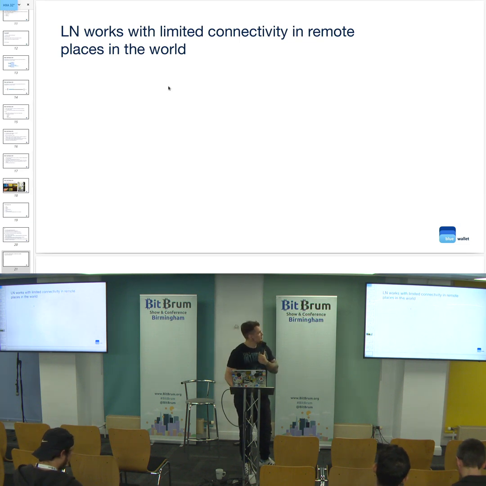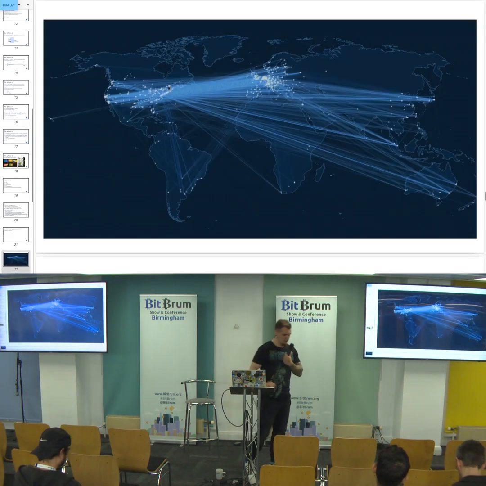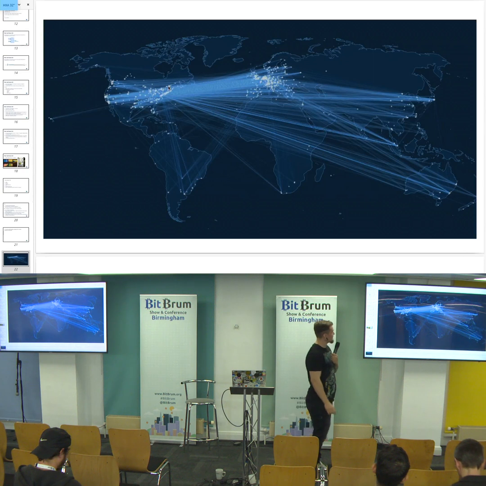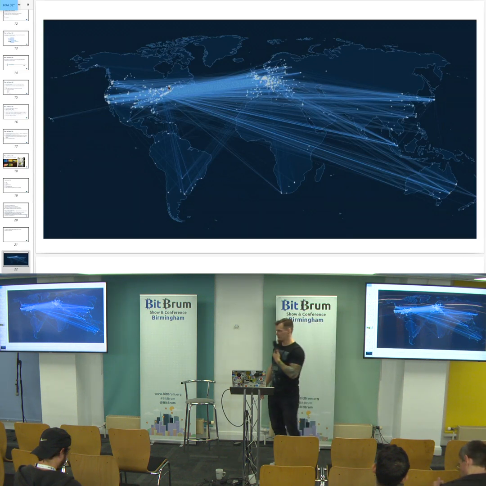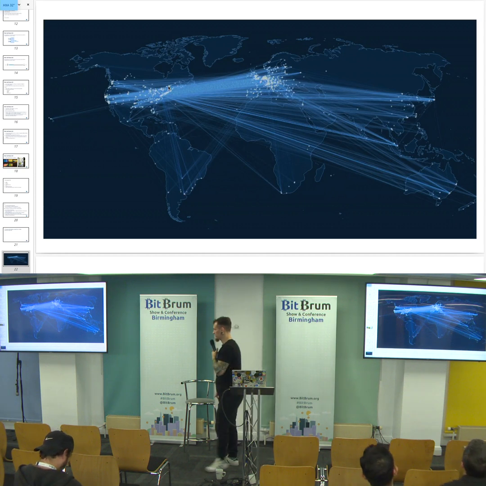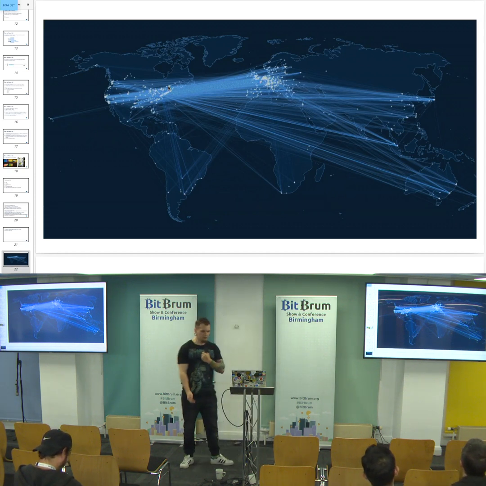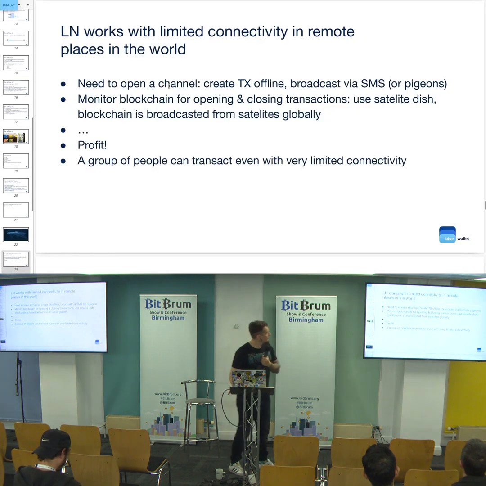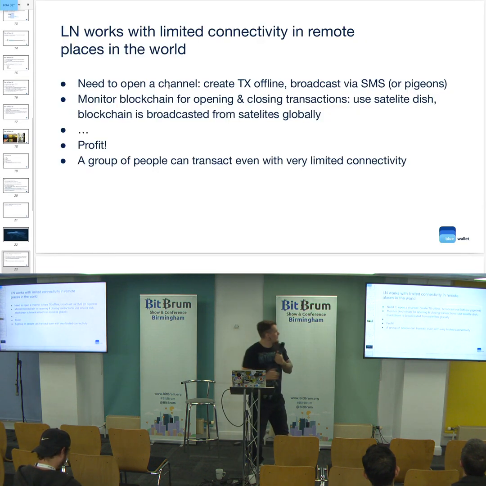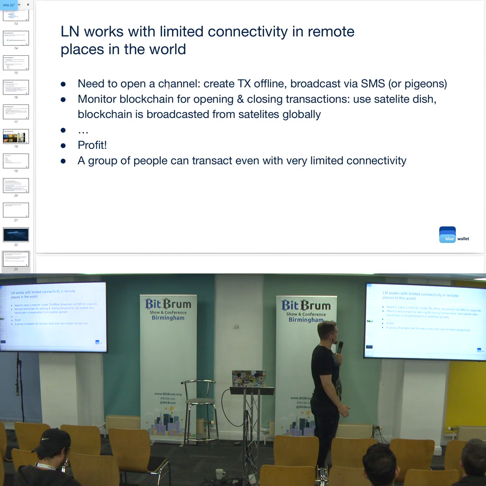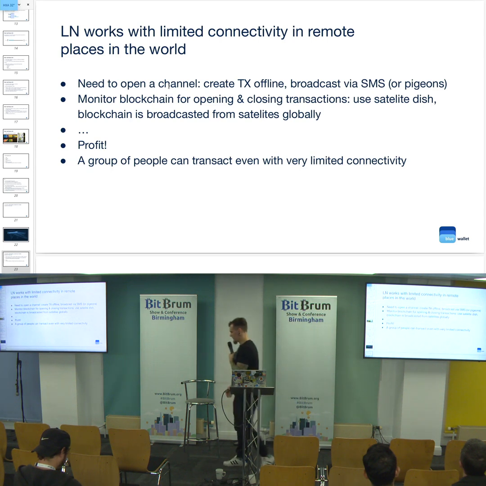But what really excites me is that Lightning Network can work with limited connectivity in remote places in the world. So this is a live map of all Lightning nodes in the world, how they're connected. But imagine we're living on a remote island where internet connectivity is very limited, and we want to transact with Bitcoin. How do we do that? Well, you open a channel and wait for it to confirm. We have a bunch of services that allow you to transact on-chain with limited connectivity.